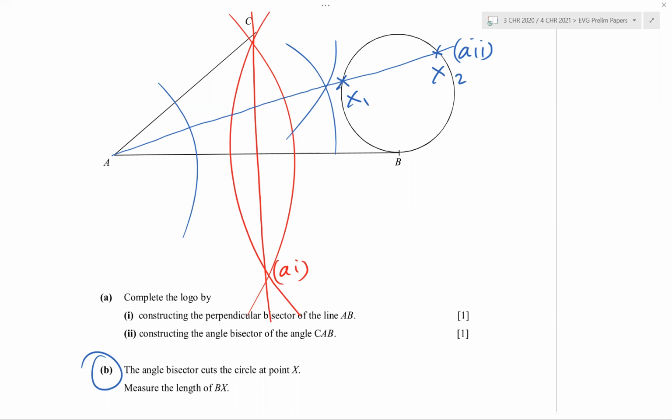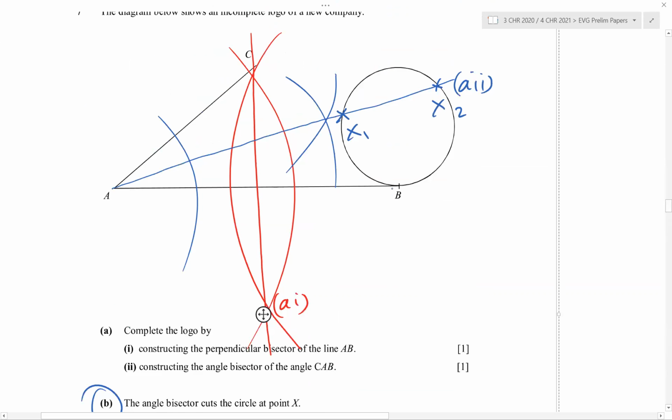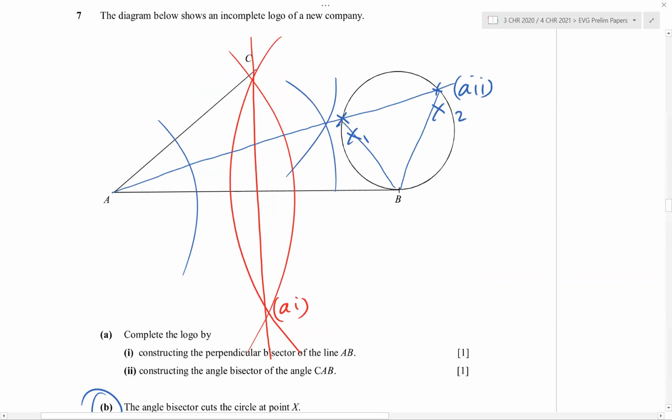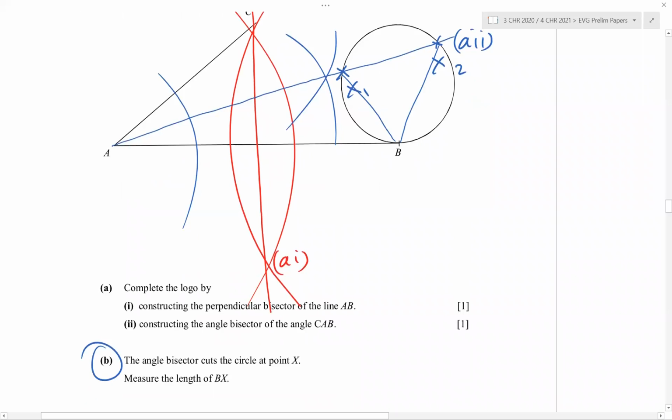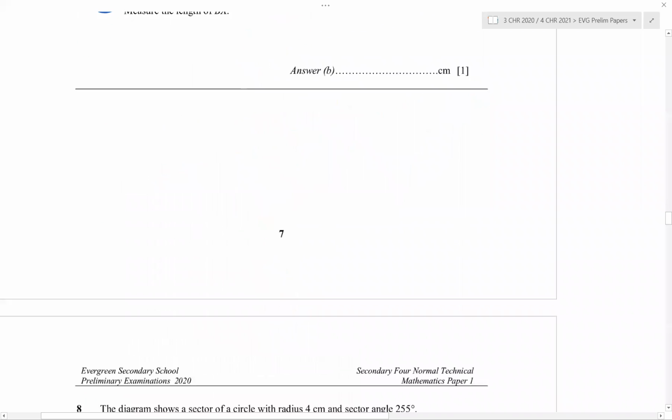So which distance you want me to measure? Is it this distance or is it this distance? Because you say the angle bisector cut the circle at point X, but I cut at 2 points. So if you think the question has a problem, don't be shy, raise your hand and say, I want to check whether this question has a problem. Then I will come and check. So measure the length of BX, whatever the answer is, you know how to do it.